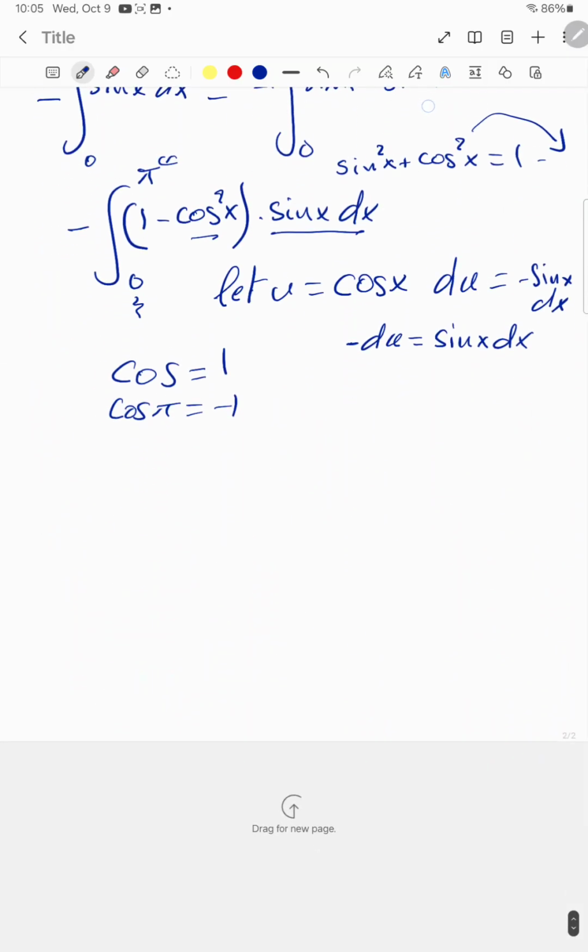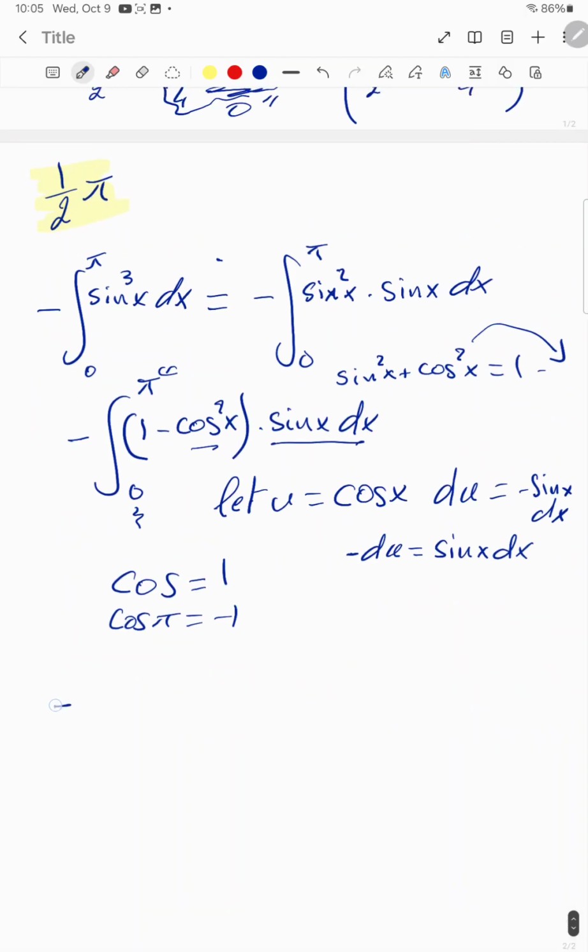So my integral becomes minus the integral between 1 and minus 1 of 1 minus u square, and instead of sine x dx, I will write minus du.